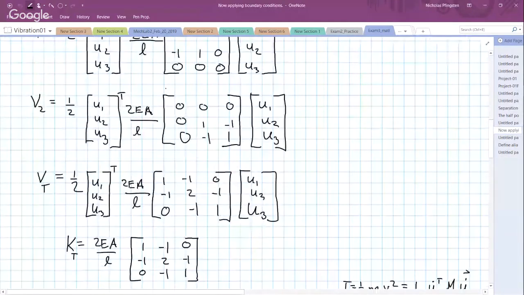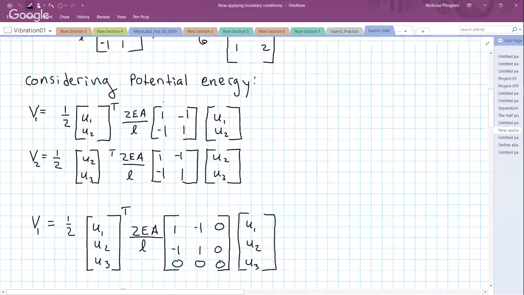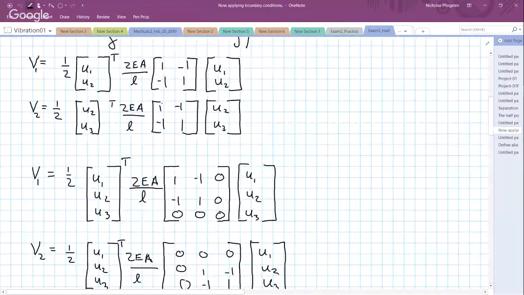Now, this is really what it is. But there's no reason in the world we can't expand it out and write it like this. I'm showing you the expansion.